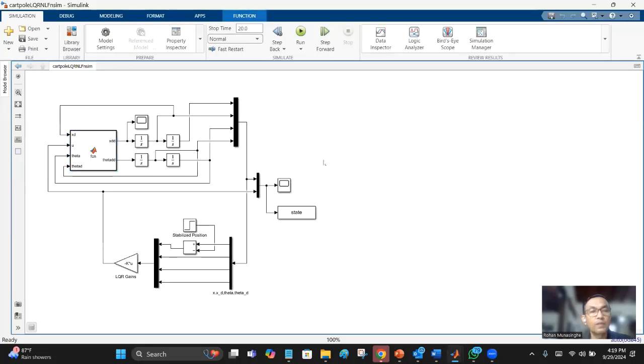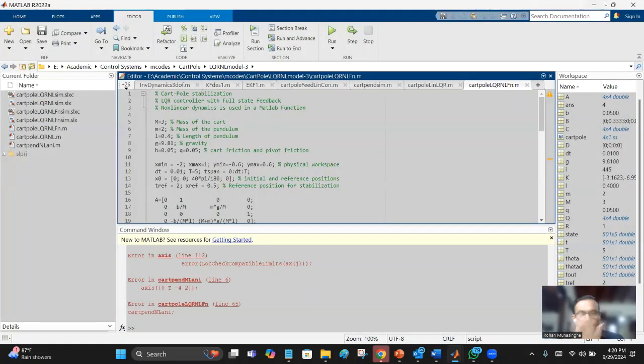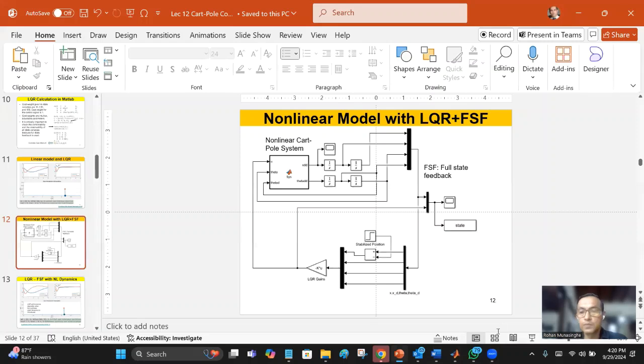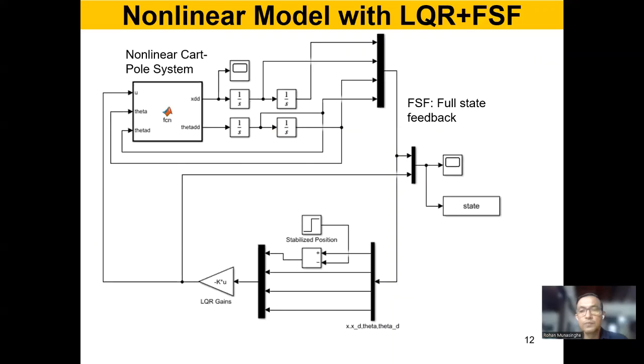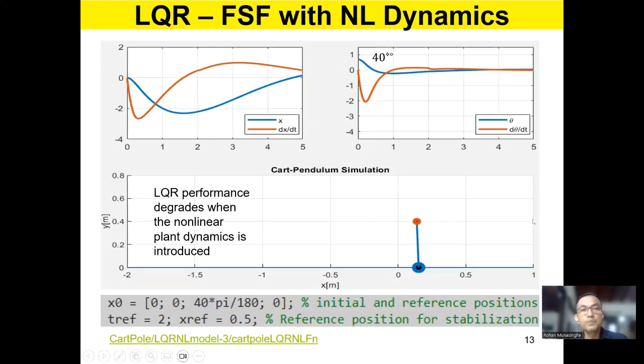So now we are much more confident that this controller is actually able to stabilize the plant, because it's now working with the actual nonlinear dynamics. But if you watched this simulation, you would have seen, okay, I think you missed it.